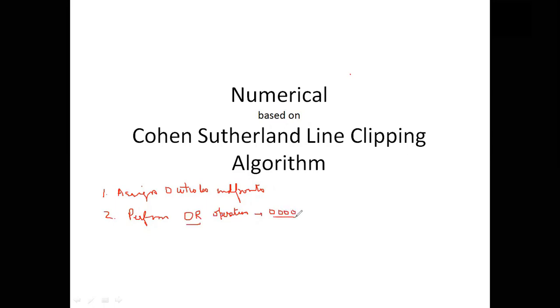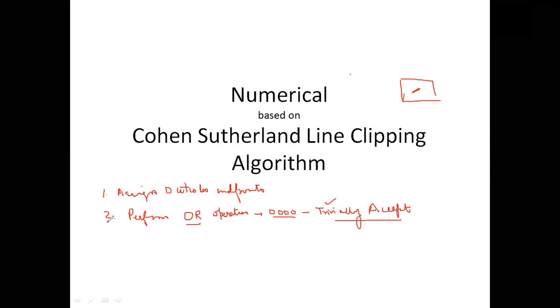If it is 0, then we can trivially accept that line. It means the line is completely lying within the visible region and is completely accepted, so clipping is not taking place across the edges.